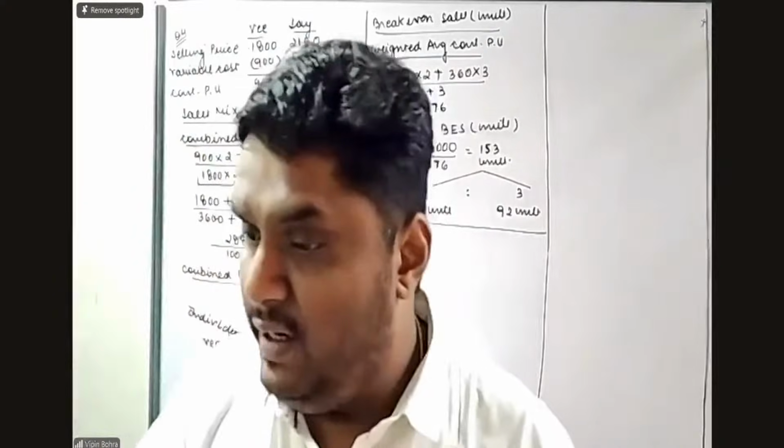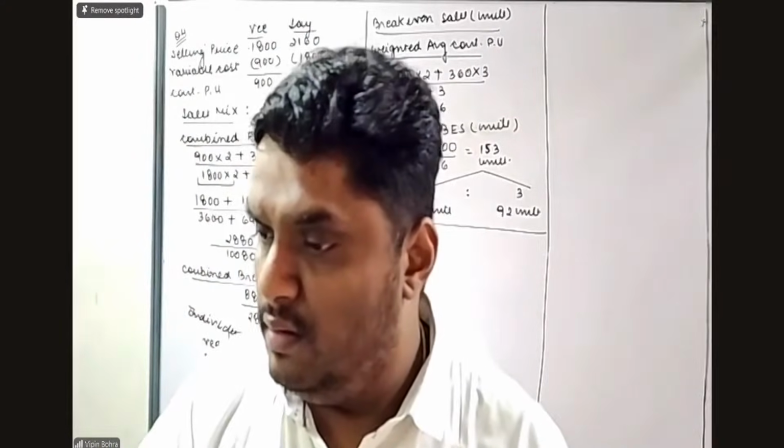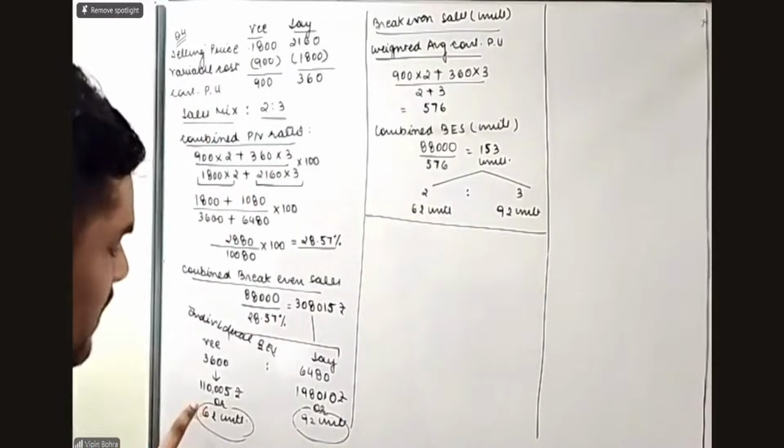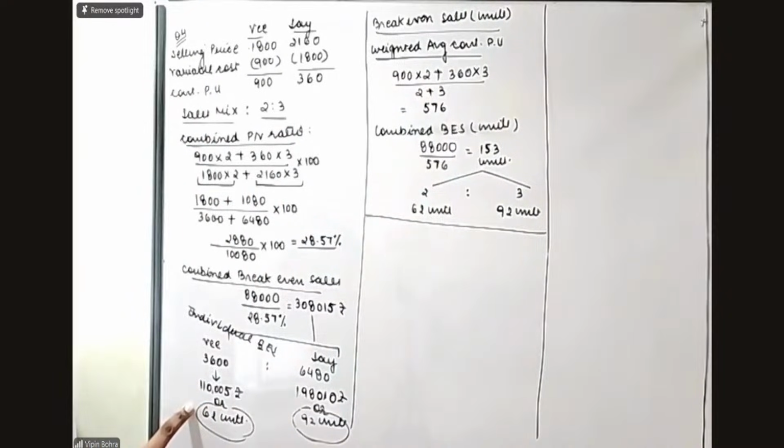Where exactly are you finding difficulty, Mujahid? This part, right? This is not decimal. This is comma. 1,10,005. See, 1,10,005 divided by selling price 1,800, you will get 62 units. Similarly, 198010 divided by 2160. See, this is the total sales.